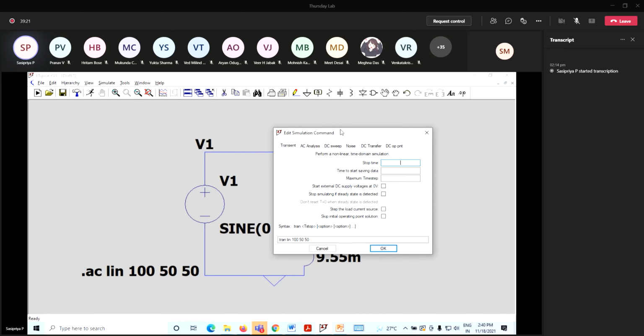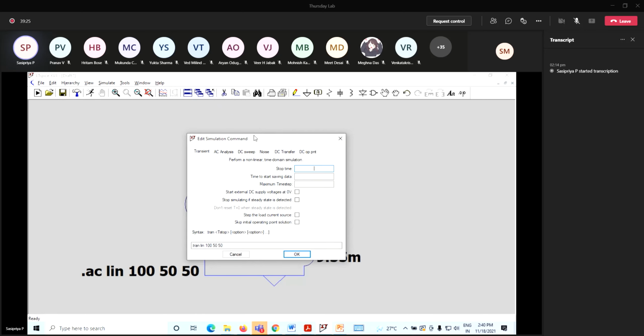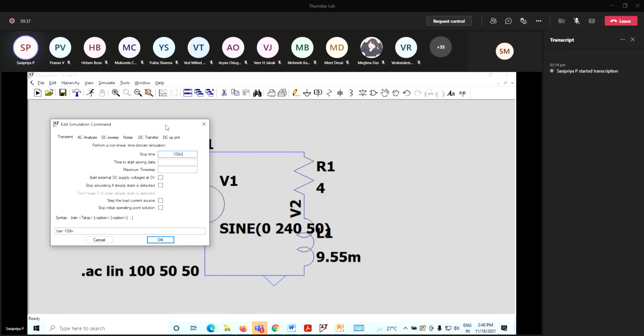Now the frequency is 50 Hz. What is the time period corresponding to 50 Hz? It's 20 milliseconds. So I run the simulation for 100 milliseconds so that I could see 5 cycles. Let me repeat: the frequency is 50 Hz, so the corresponding time period is 1 by 50, which is 20 milliseconds.